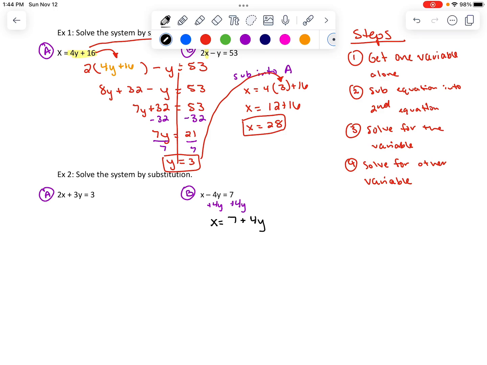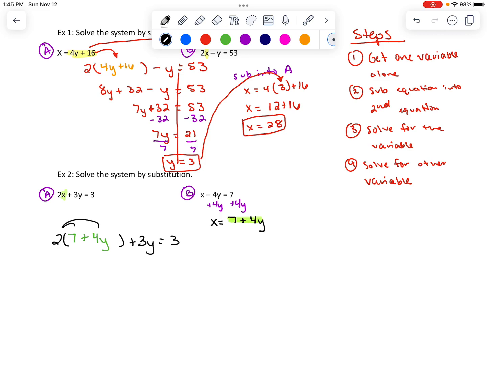Check. Now, I'm going to sub into the other equation. In this case, I have x alone, so I'm subbing into the x spot. So I have 2 parentheses plus 3y equals 3. I'm going to solve for the variable in step 3.